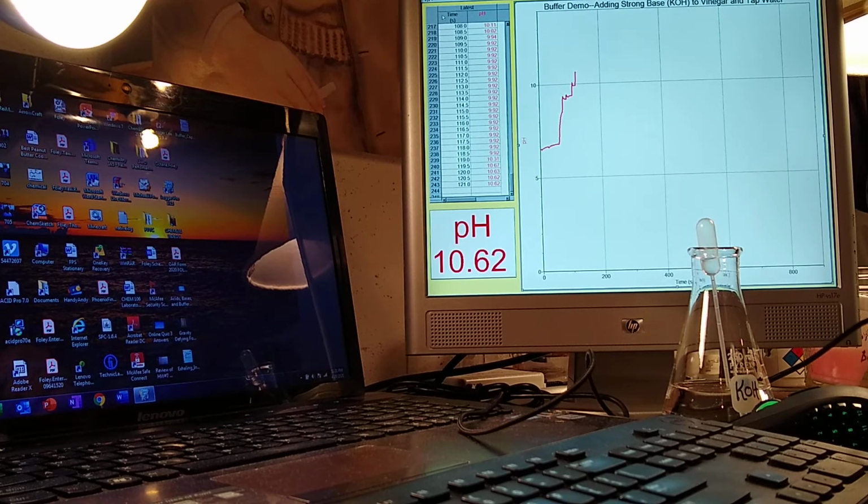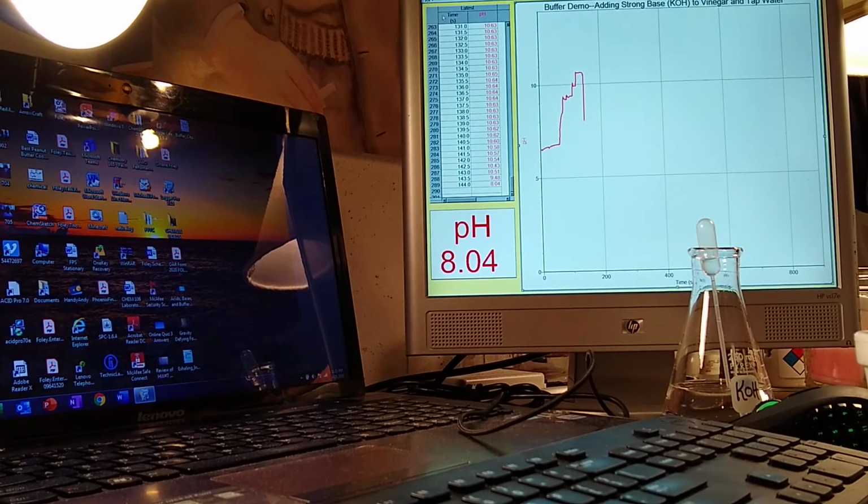The pH is already almost 11. So I've added about 10 to 15 drops of KOH to about 100 milliliters of water. So water clearly has no ability to resist change in pH, as we would expect. So let me rinse off my probe here.